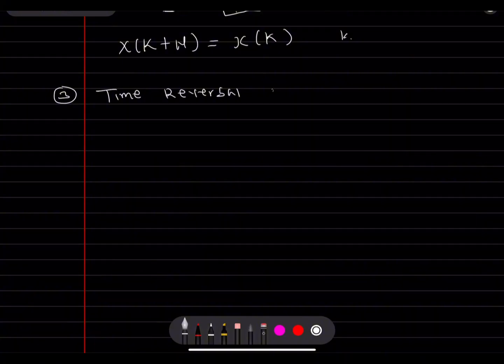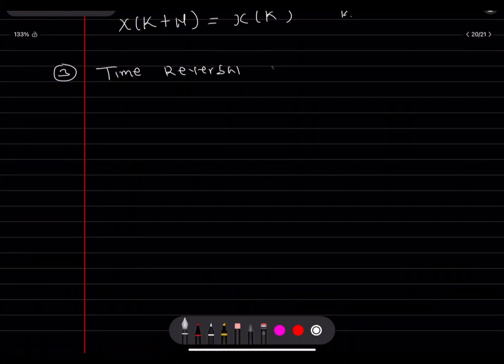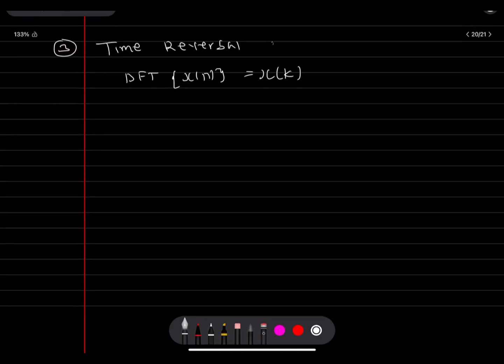For the time reversal property, it states that if the DFT of x of n is equal to x of k, then we can say that the DFT of x of (N minus n), where N is the length of the sequence, is equal to x of (N minus k).